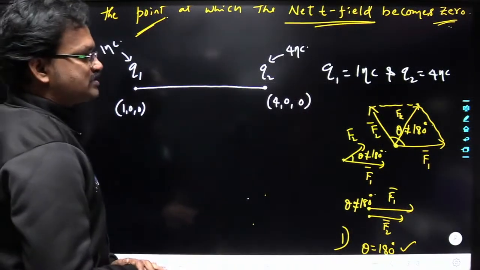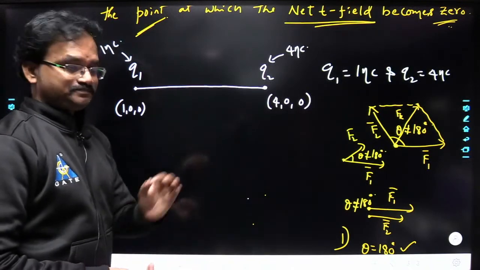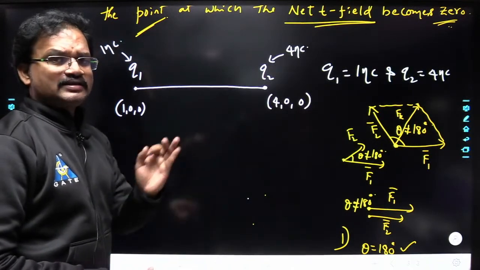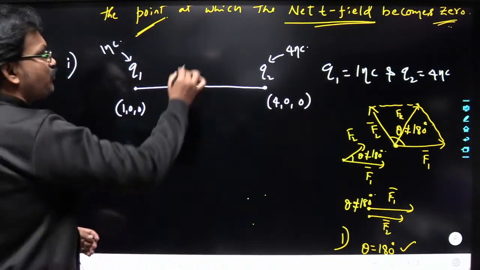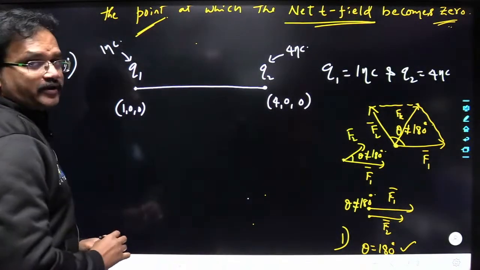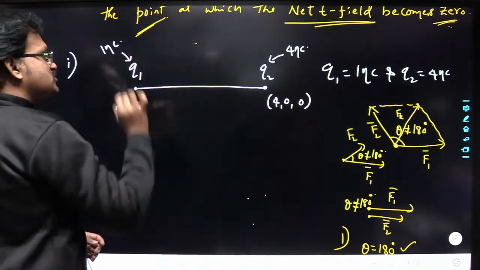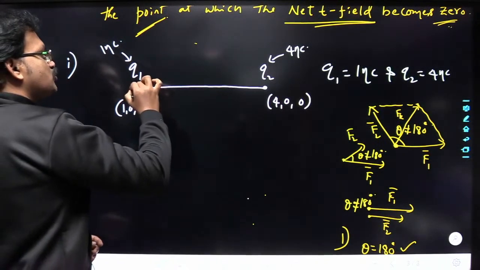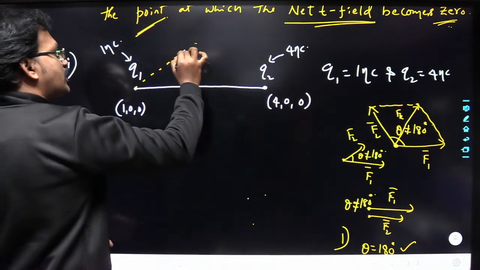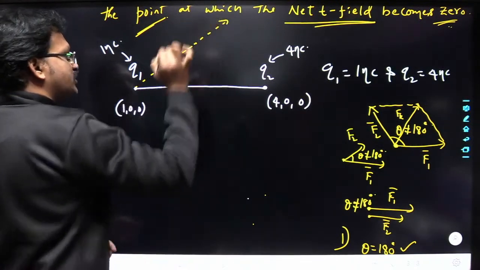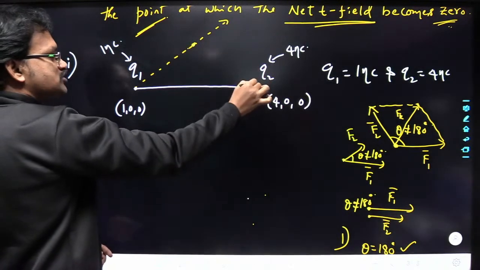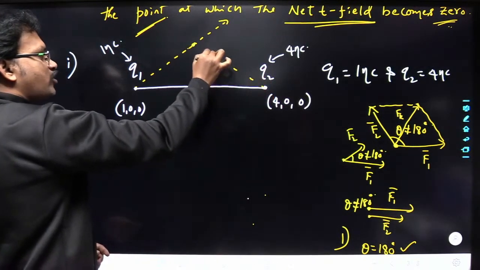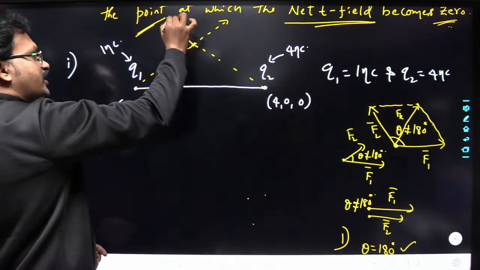First of all, we will check where the angle theta will become equal to 180 degrees. Now let us consider some point here. At this point, the electric field due to Q1 is going to point in this direction, and due to this charge, the electric field is going to point in this direction.